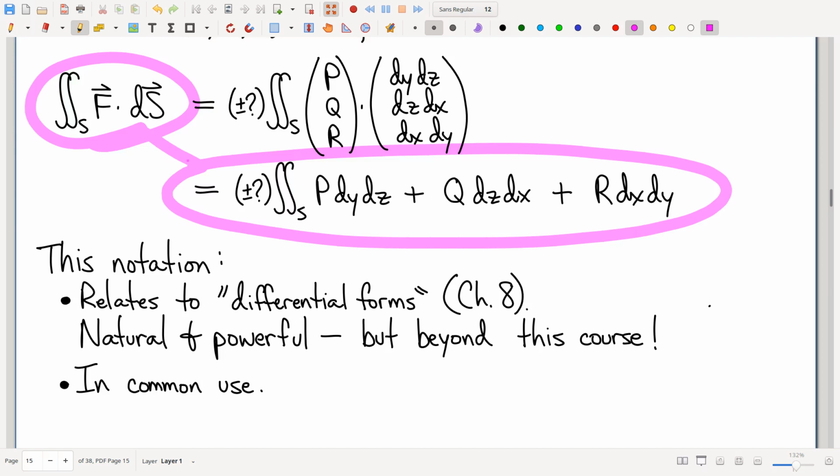Now, which do you like better? It's personal preference. I find this to be a lot to write down. I find that I have to always kind of scratch my head and remind myself, wait a minute, which one of these things is which coordinate of the ds vector, and therefore which one pairs up with which coordinate.